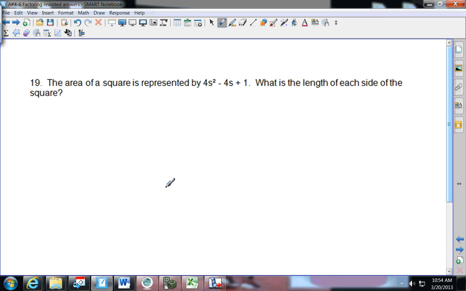On number 19, it says the area of the square is represented by, and it gives us this right here. This is our product. What is the length of each side of the square? A couple of things. The length means that I need to find the factors. But let's think about what this is saying.